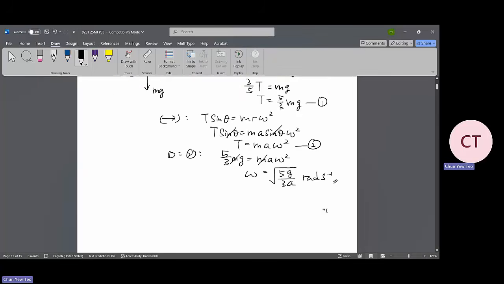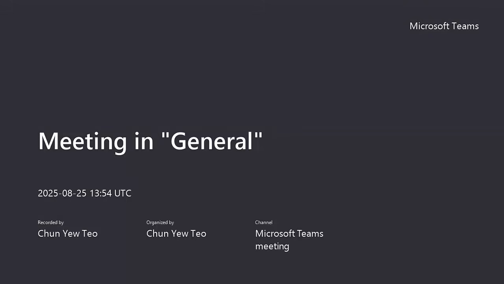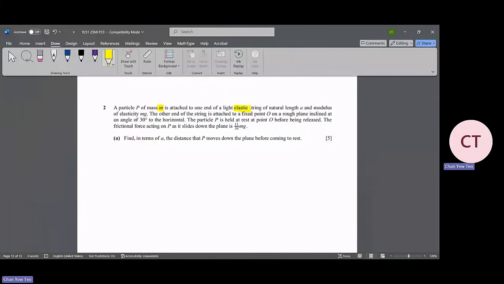So move on. We have question number 2. Attached to one end of a light elastic string of natural length a and modulus of elasticity mg. The other end of the string is attached to a fixed point O on the rough plane inclined at an angle 30 degrees to the horizontal.